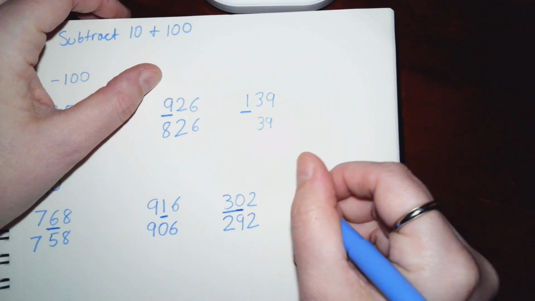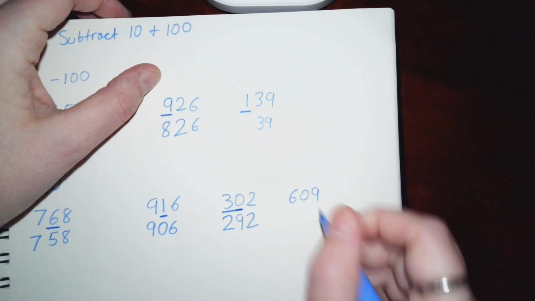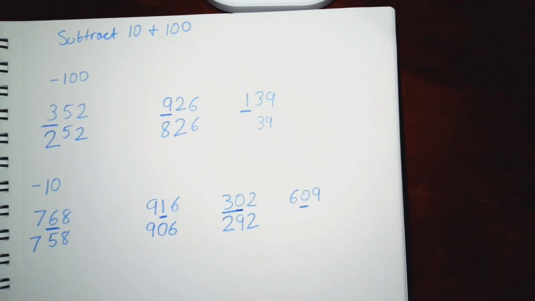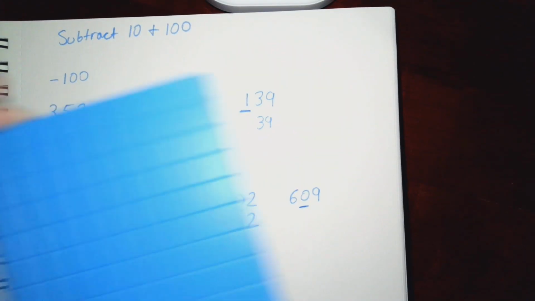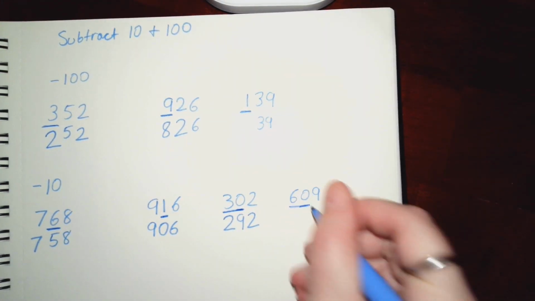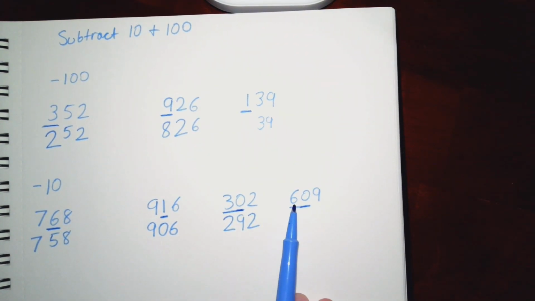Let's do 609 minus 10. Well, I have a 0 in my tens place. But if I don't have enough tens, what helps me, guys? My hundreds, right? And each 100 is worth 10 tens. Well, how many hundreds do I have?